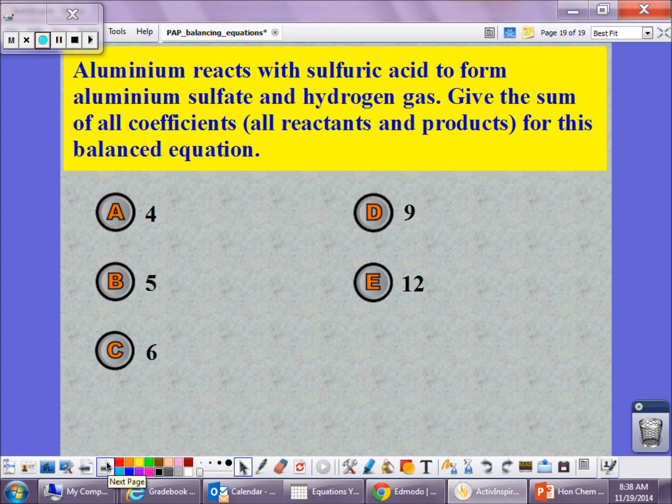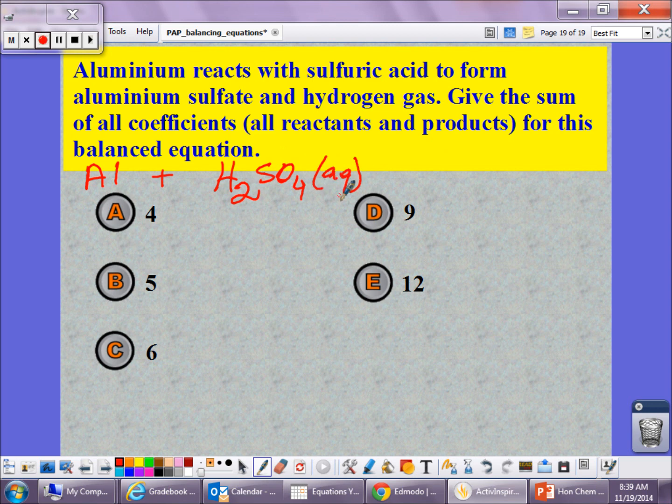Alright, let me do a few more and this is the last page. Aluminum reacts with sulfuric acid to form aluminum sulfate and hydrogen gas. Give the sum of all coefficients, all reactants and products, for this balanced equation. Don't get lazy. Write down a balanced equation to answer the question. Aluminum, Al, reacts with, this is plus, sulfuric acid, H2SO4, an acid, so it is aqueous.